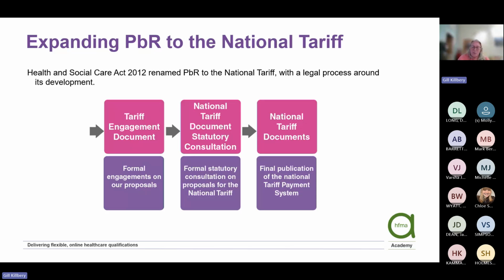So the data was not of good quality because of the way it was collected and because of what elements of the data were collected. That's why the tariff has been very difficult to come up with.